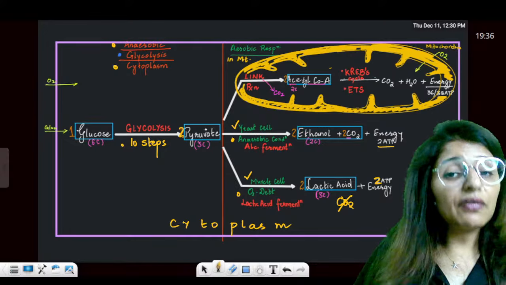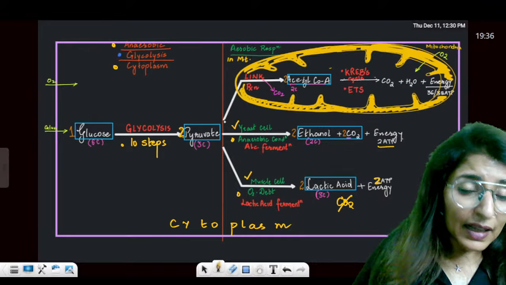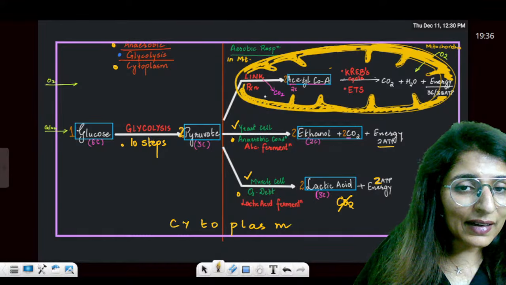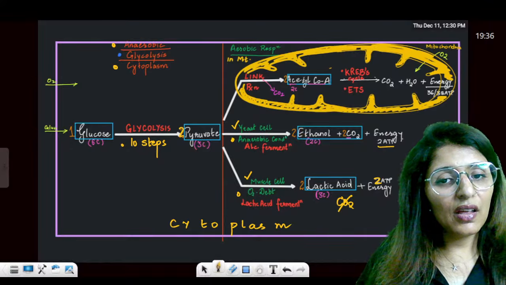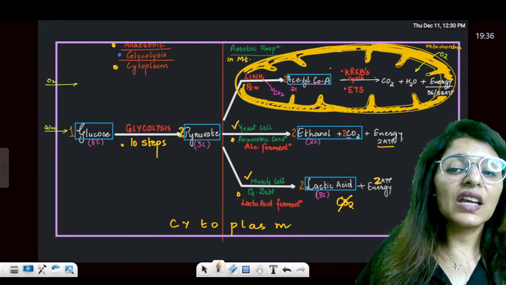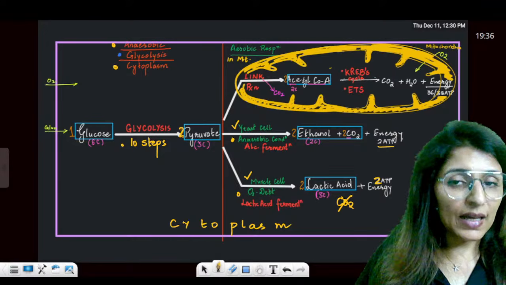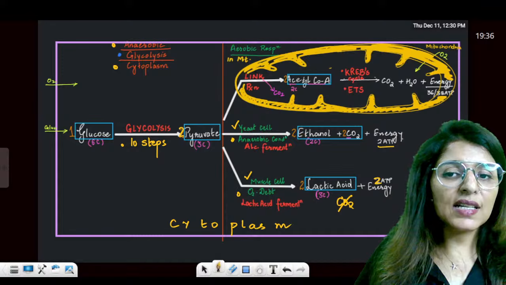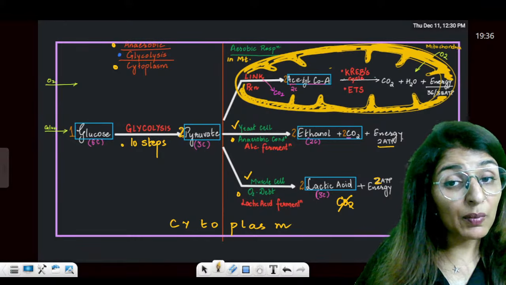But now, if oxygen is available, in that case, pyruvate will enter the mitochondria. First of all, pyruvate on entering the mitochondria will change into acetyl coenzyme A. Now see, pyruvate is a 3-carbon compound. Acetyl coenzyme A is a 2-carbon compound.